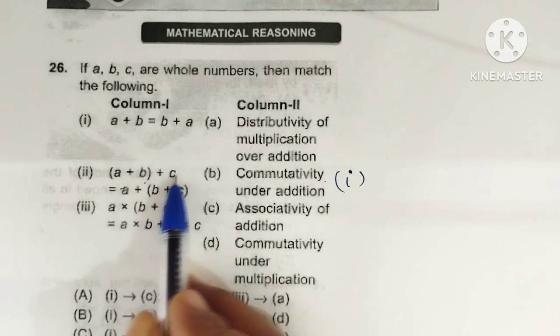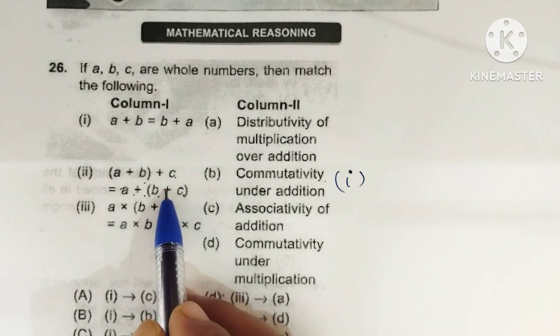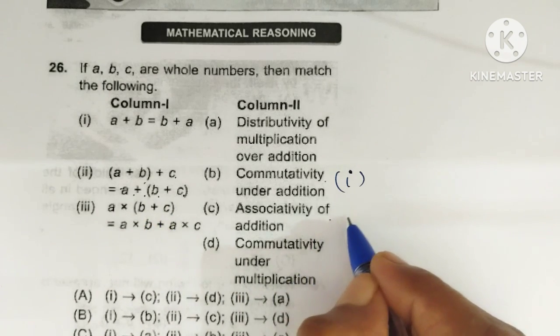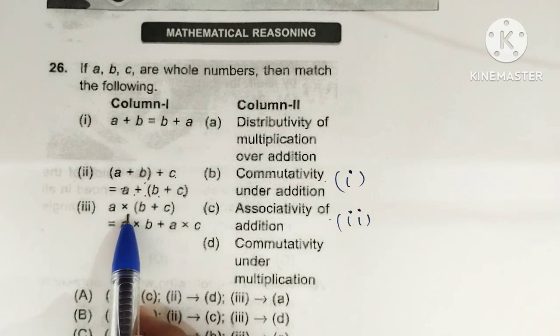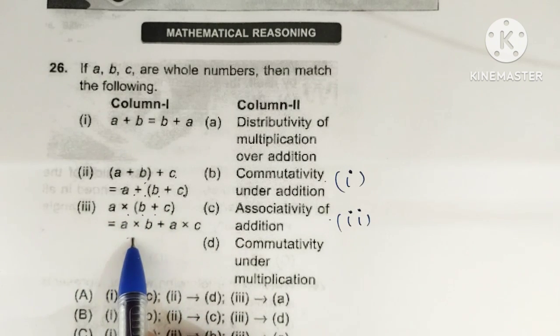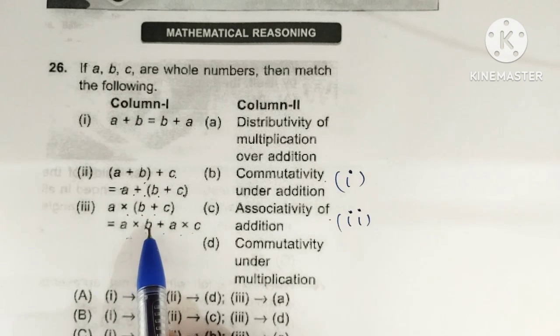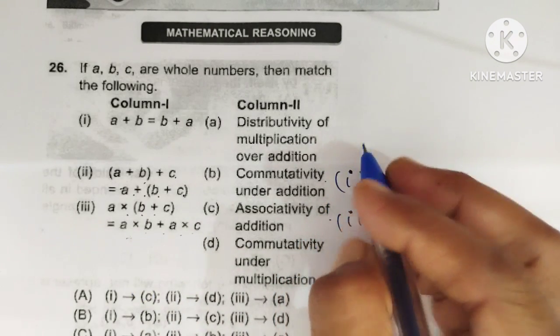And A plus B plus C equals A plus B plus C, grouped differently. This is the associative law under addition. This is 2. So option C is the correct one. A cross B plus C equals A cross B plus A cross C. This is the distributive law under multiplication. So A is the correct one.